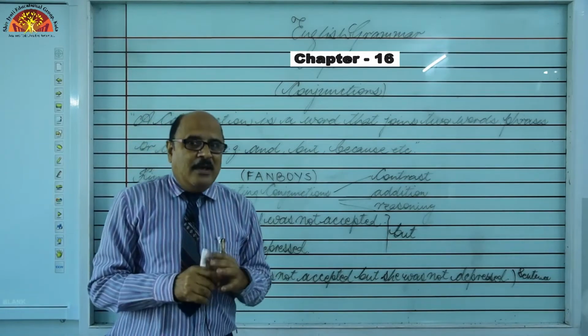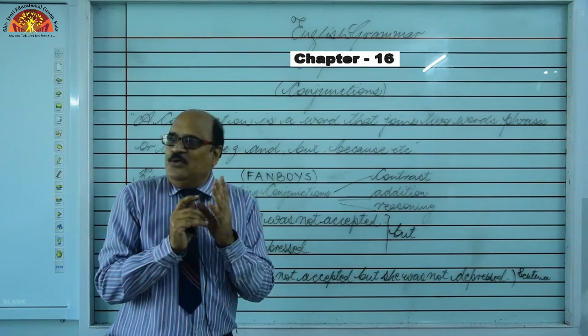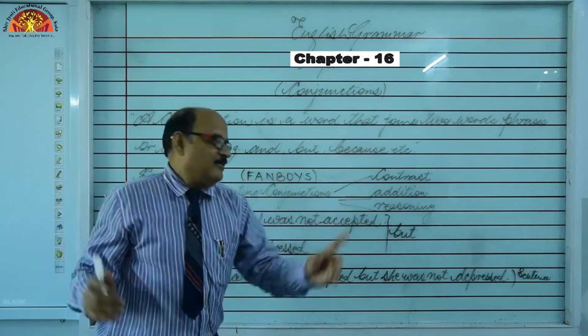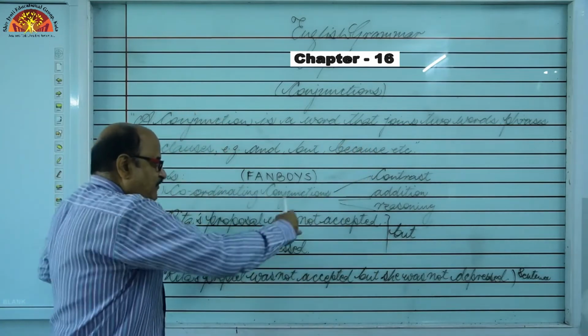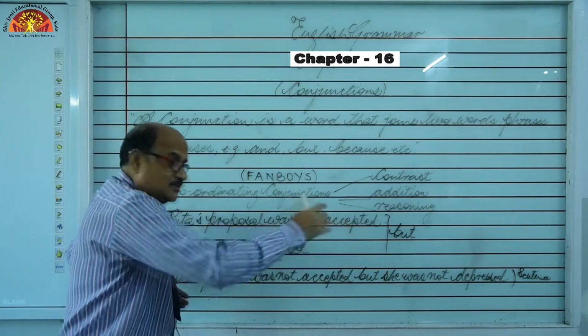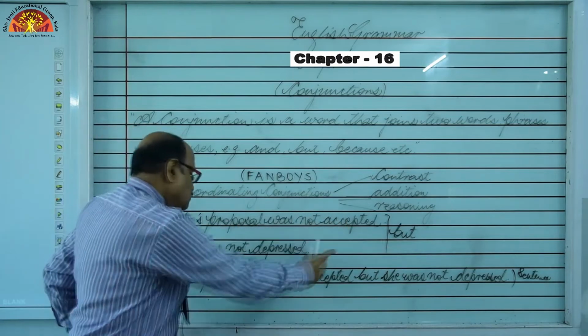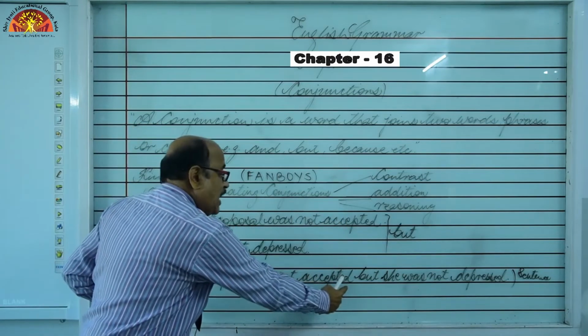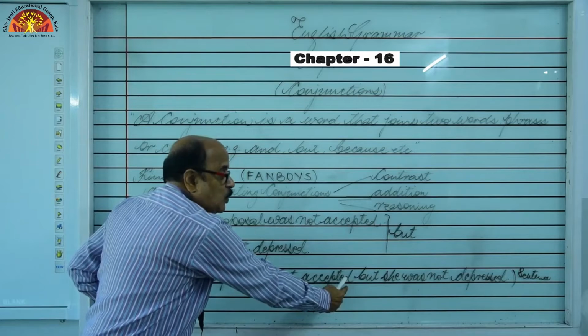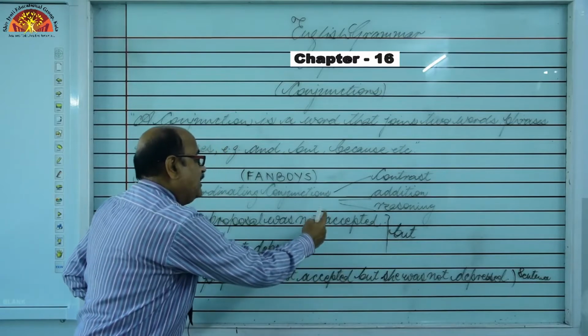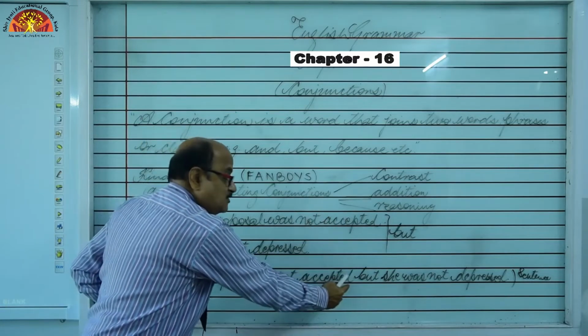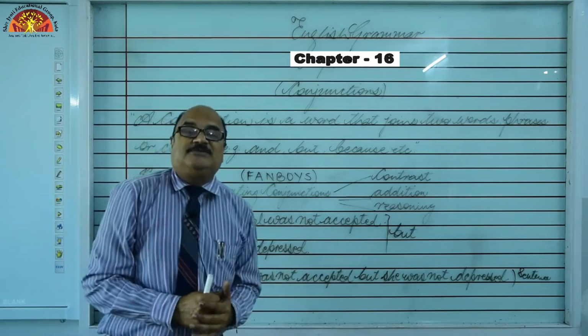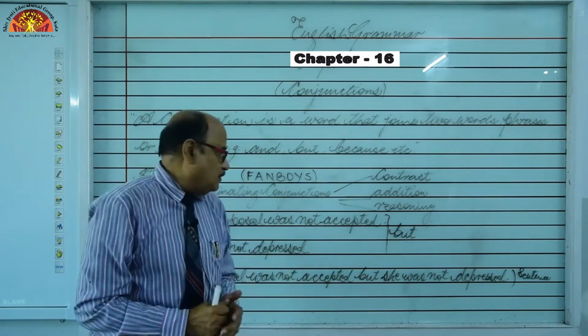In a sentence, no other sentences are there. We have joined them and made another sentence. So, this part is a sentence elsewhere, but here it is a clause.